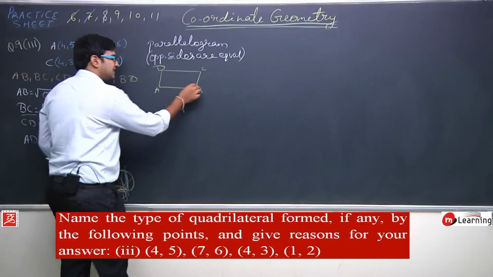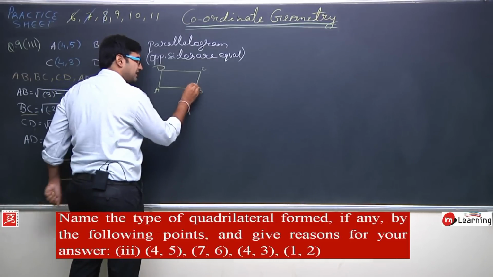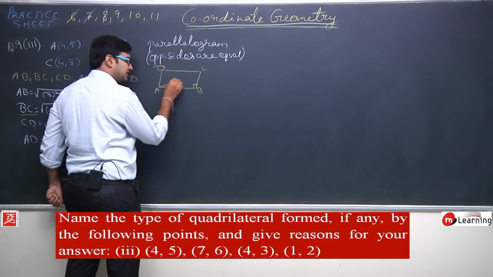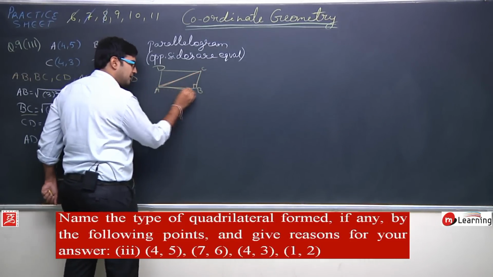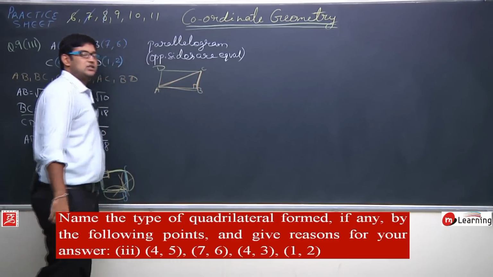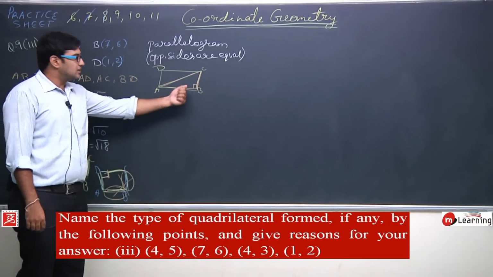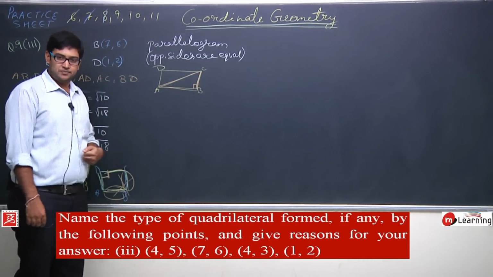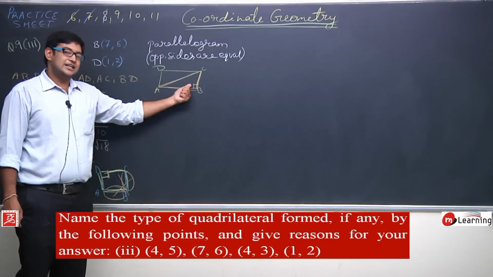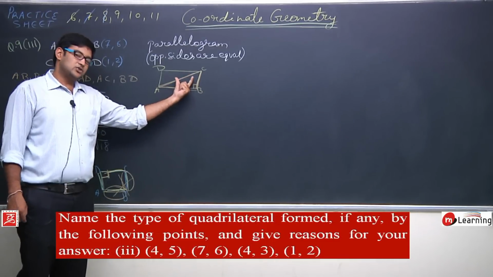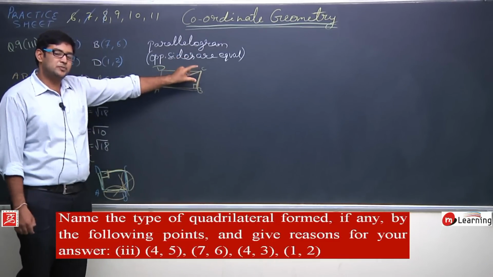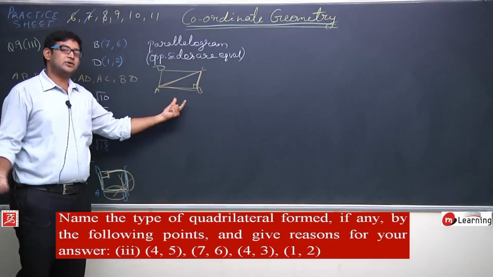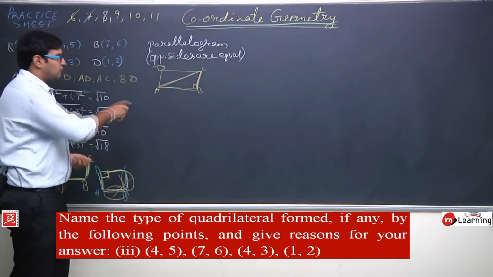If I want to prove this angle is 90 degrees, then this triangle ABC should follow Pythagoras theorem. Then only I can prove that this angle is 90 degrees. So if this angle is 90, then AC should be the hypotenuse, BC should be the perpendicular and AB should be the base.